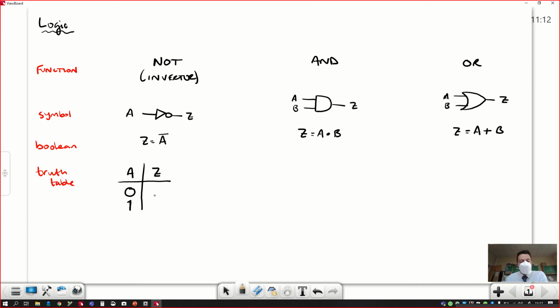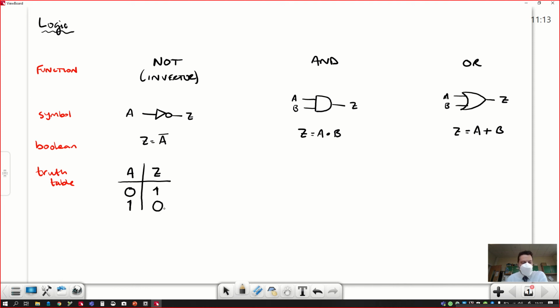And then we map out what the output will be in a NOT gate. If we turn A off, the output of the inverter will be on, because that's what an inverter does, it inverts the signal. If you put a 0 in, you get a 1 out. And vice versa: if you put an on signal on the input, you'll get an off signal on the output. So that's the truth table for a NOT gate.